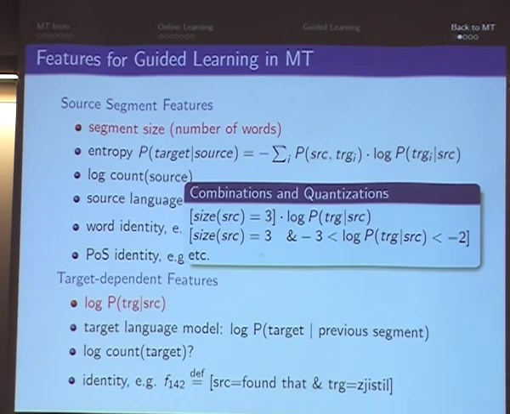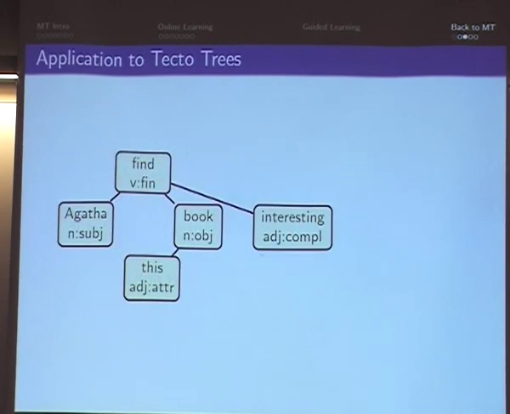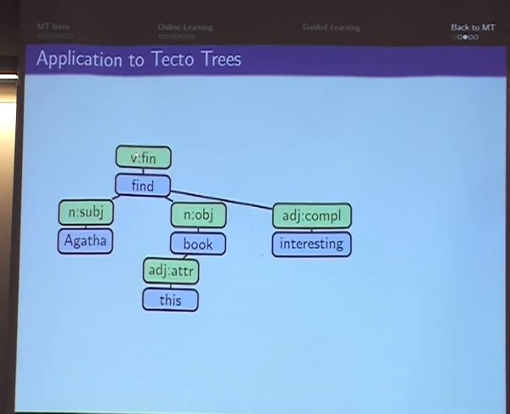I'm sorry this was too fast, but hopefully I will tell you more sometime later, or if you have questions now. But I will just show how to apply it to tectogrammatical trees. So we have just lemmas and formemes, and to make it simpler, I decided to transform the tree so each node is divided into two. The upper is the formeme and the lower is the lemma. The advantage is first that it's simpler to implement. You have just one label for each node.